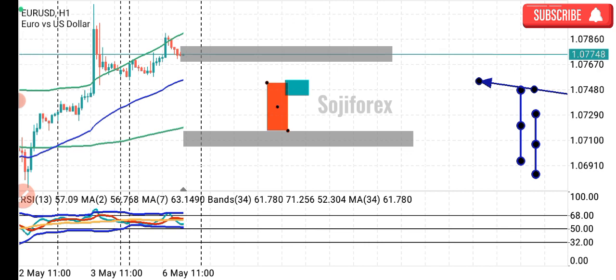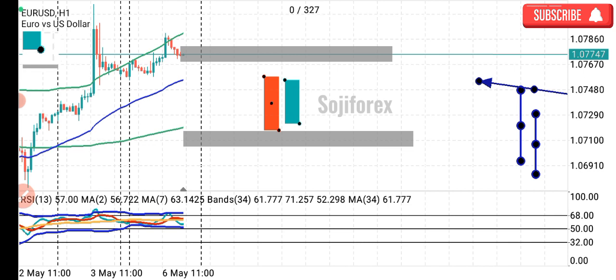Let's say, for example, this is our bearish candle, and then we have another formation of a bearish candlestick that was formed.